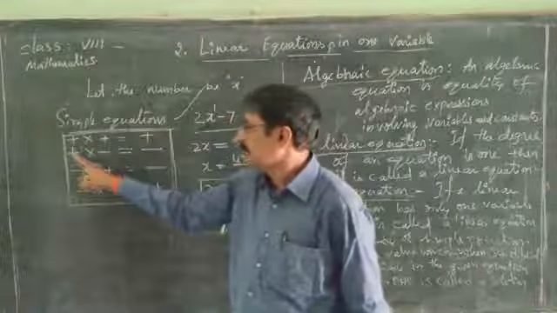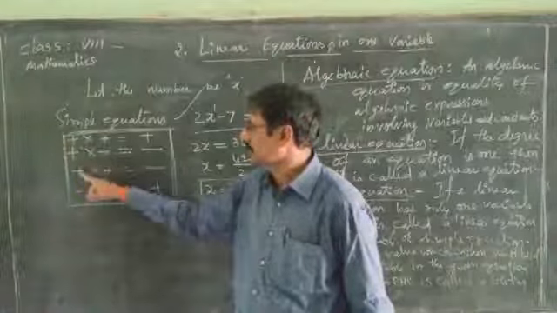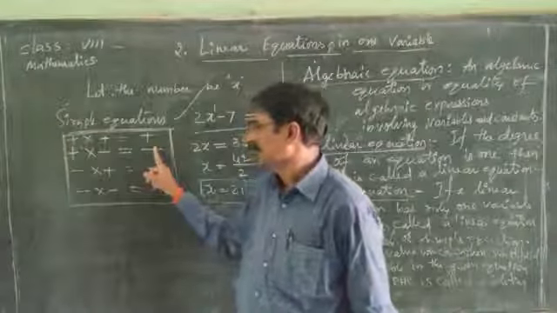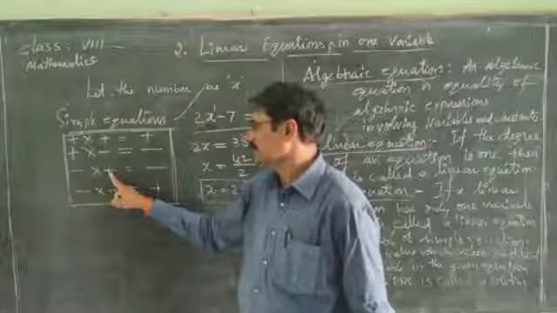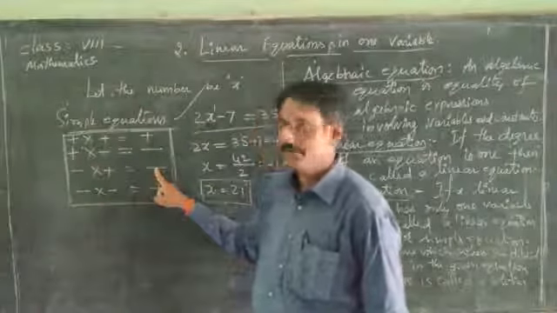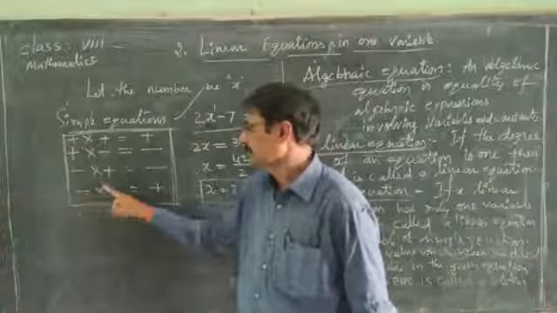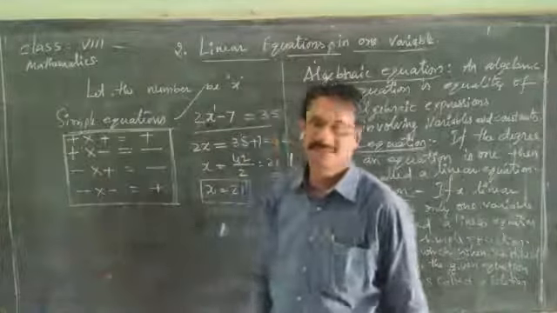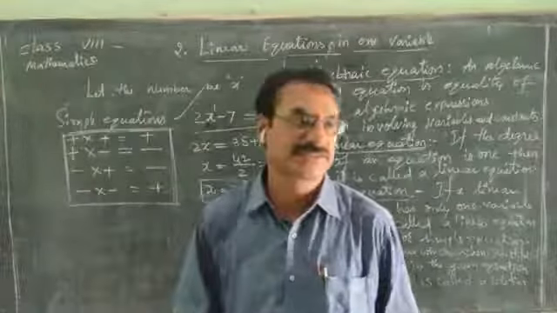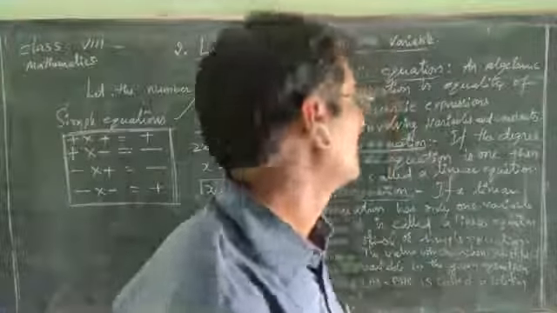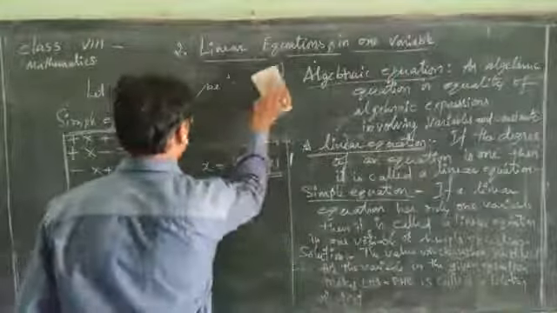The multiplication of one positive and one negative is negative. If one is negative and one is positive, the result is negative. And the product of two negative numbers is a positive number. These are some very important things. Okay, we are going to another one.